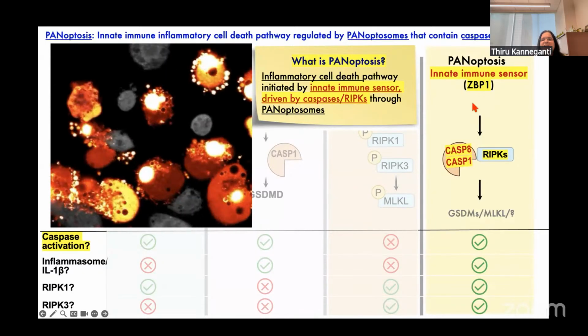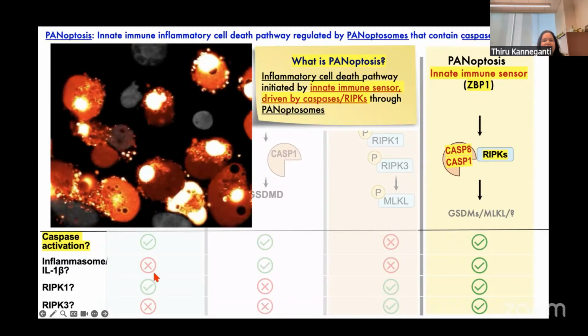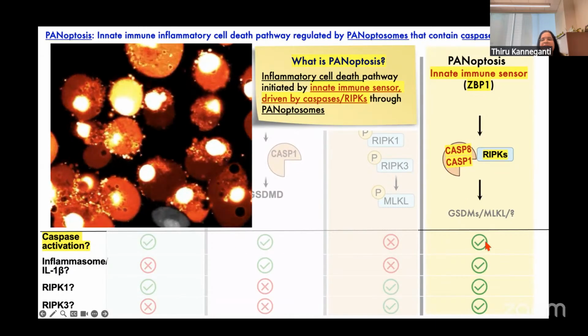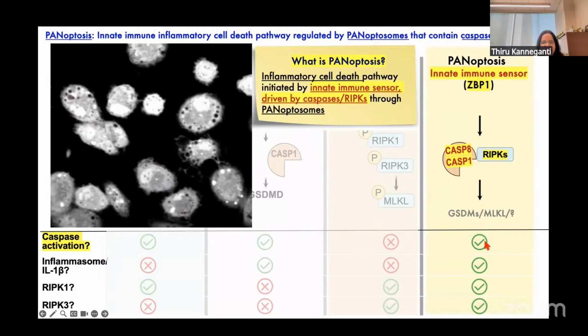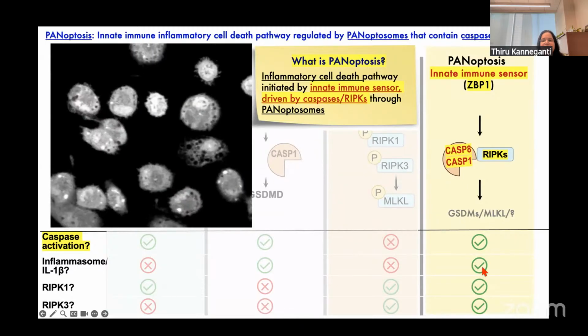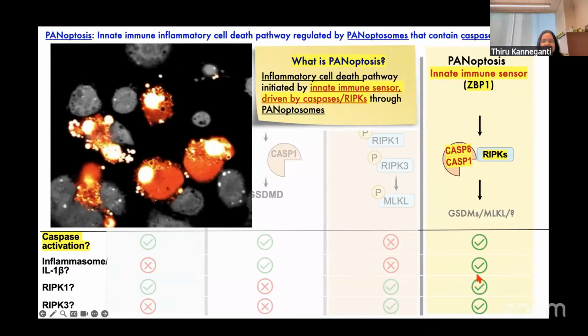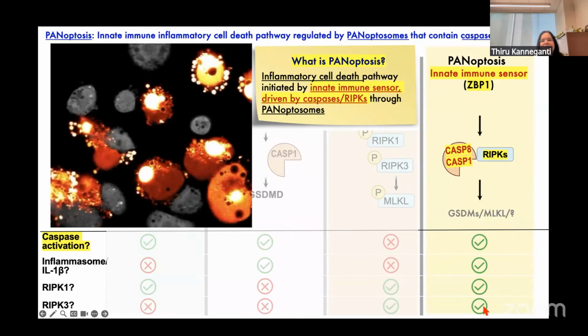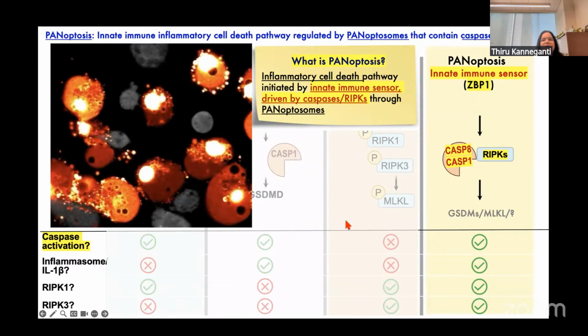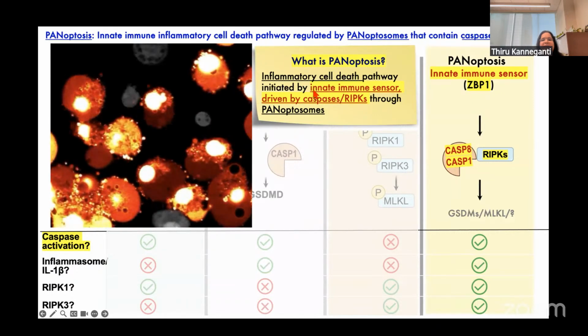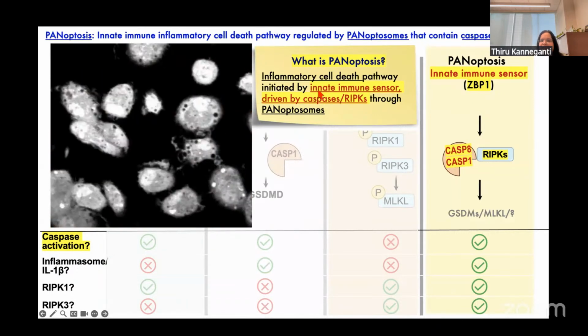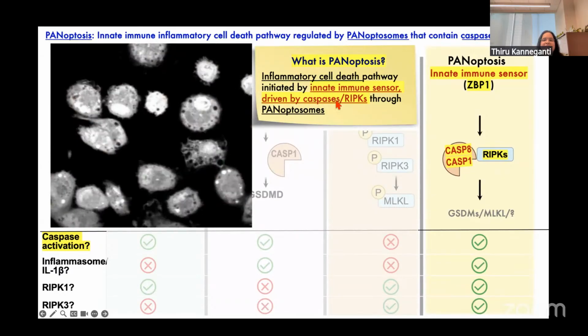And this is very unique because, in contrast to other pathways, here we can see caspase activation. We can see that the inflammasome plays an integral role in IL-1 beta maturation in these complexes. RIPK1 is involved and RIPK3 is involved. So we defined this as a pathway initiated by sensors, as we discussed, driven by caspases and RIPKs.